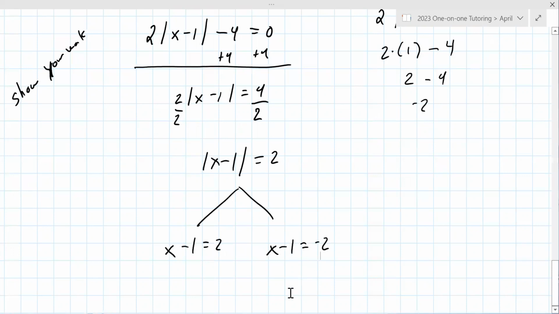I know it's awful. All right, and then to solve, you add 1 to both sides. So get exactly what you said, x equals 3, x equals -1.